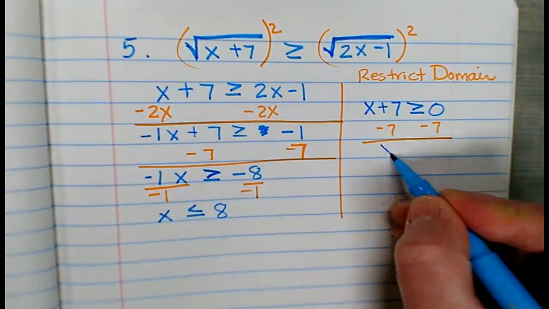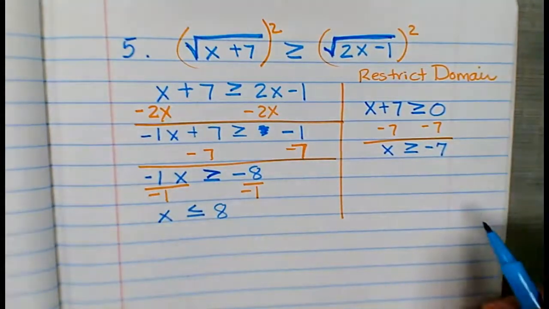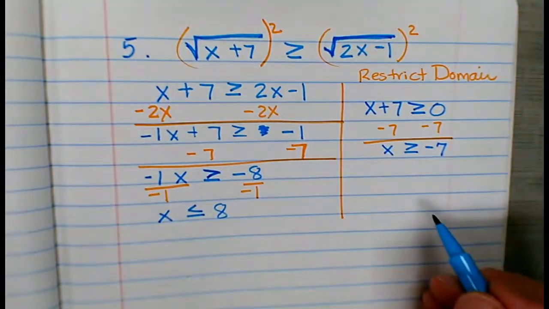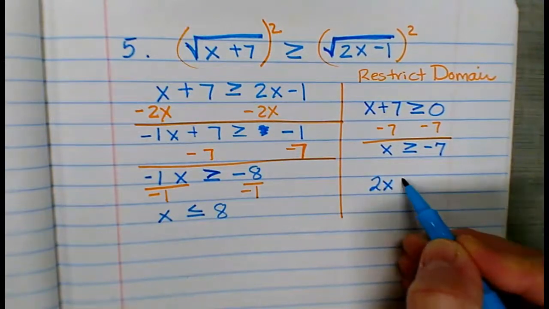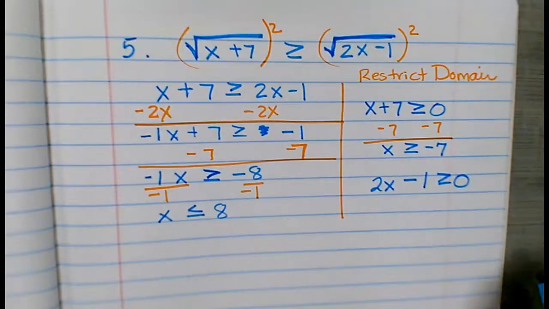So the x has to be greater than or equal to negative 7. Also, the other radical sign has to be greater than or equal to 0.